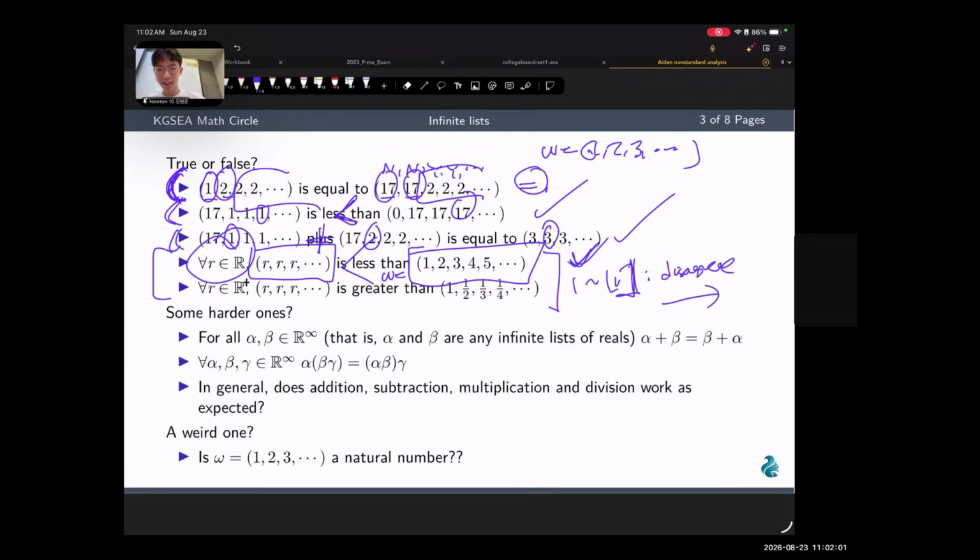So I think this is very interesting because we have a number we call omega that's bigger than all real numbers, so to speak, where every slot is equal to that particular number. Now the next one is highly similar, except we have reciprocals 1/2, 1/3, 1/4, and so on. This number is even more important. We're gonna call it epsilon.